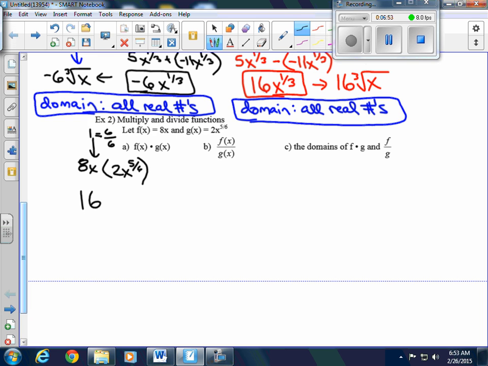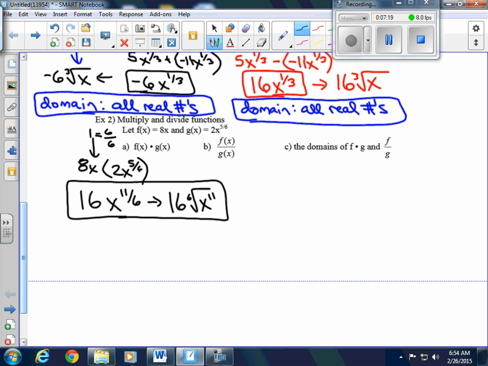We have to get a common denominator to add those. So this is going to be x to the 11/6. And again, I'm going to write this as 16 times the 6th root of x to the 11th power. Either one of these two is an acceptable answer. It just depends on whether you like it in rational exponent form or radical form.